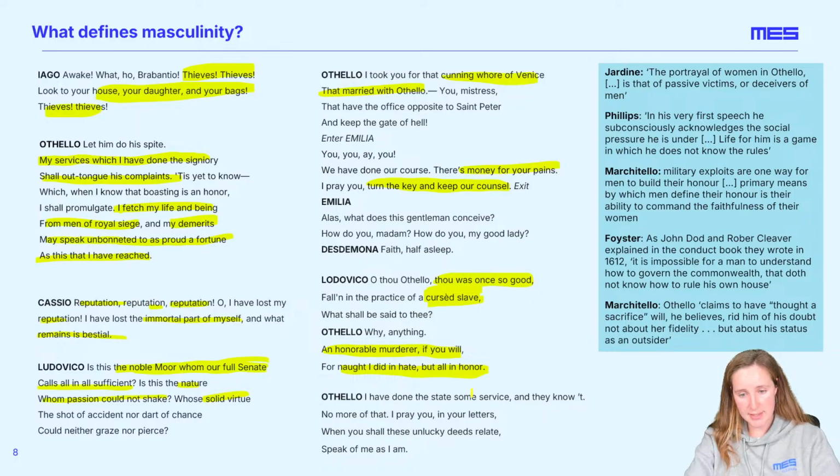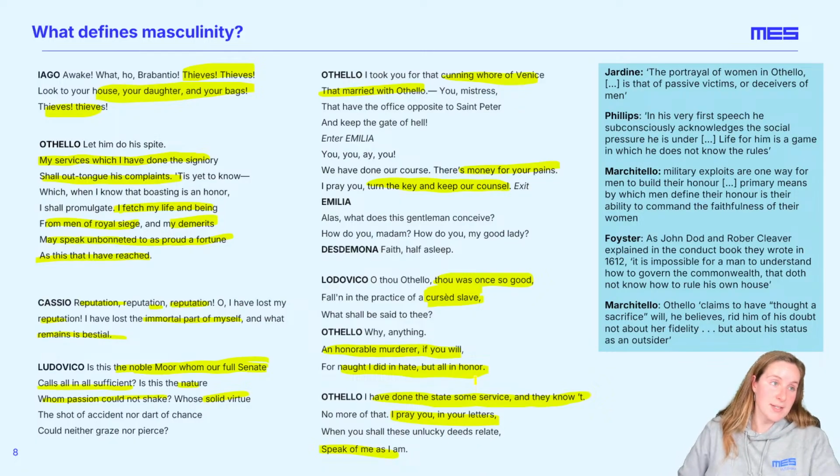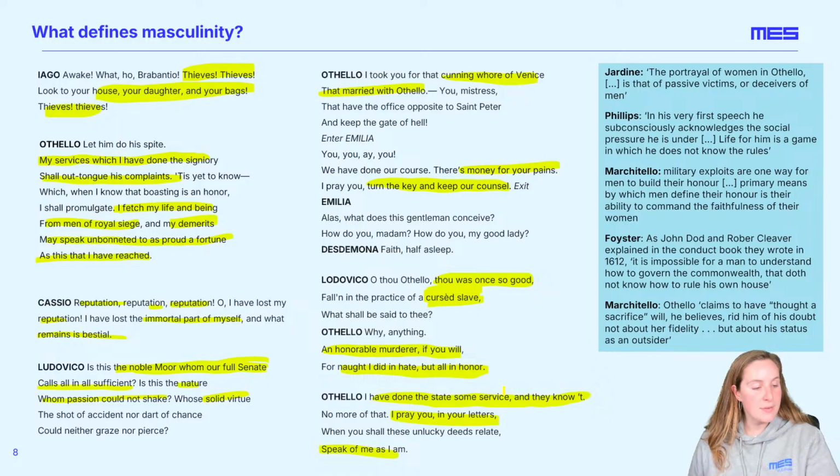And Othello at the end, I've done the state some service, and they know it. No more of that. I pray you in your letters, when you shall these unlucky deeds relate, speak of me as I am. So he's asking then, when they say they have to write to Venice to tell what's happened, to remove Othello from duty, obviously take him into custody, he's saying, remind them that I've actually done a lot of good things for them.